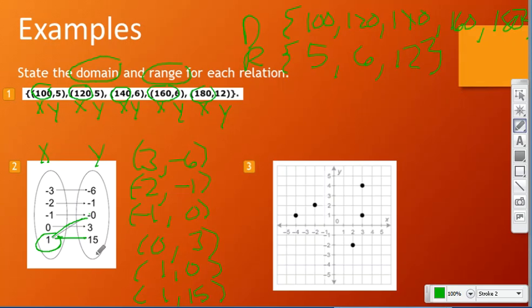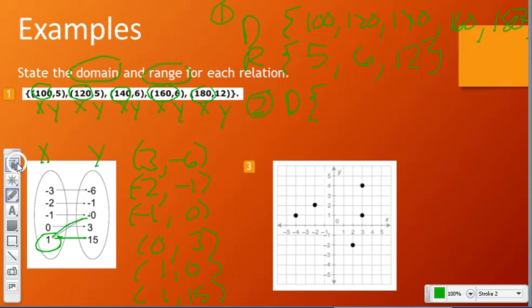Okay, so if we want to list the domain, so this is question number 1. I'm going to put question number 2 right here. So our domain is negative 3, negative 2, negative 1, 0, and 1.